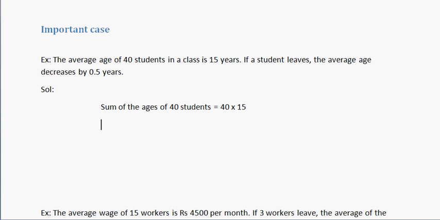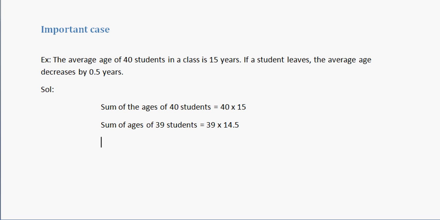So when the one student left, there are 39 students left behind. So the sum of their ages of 39 students is equal to 39, and the average decreased by 0.5, which means the average becomes 14.5.